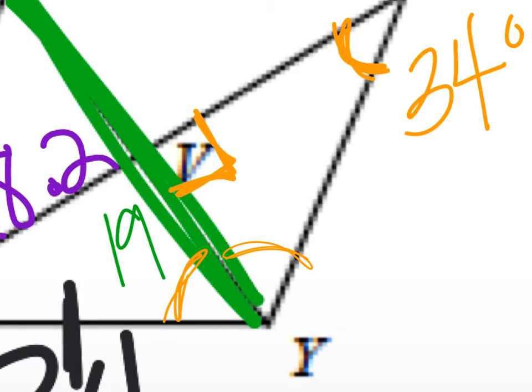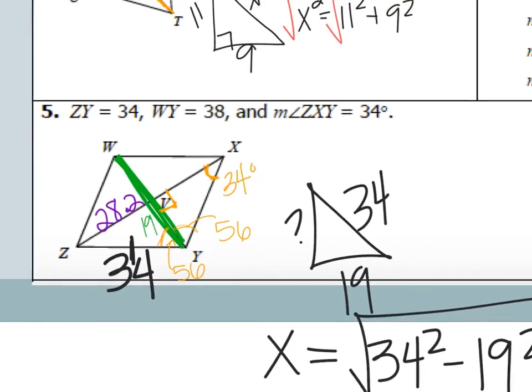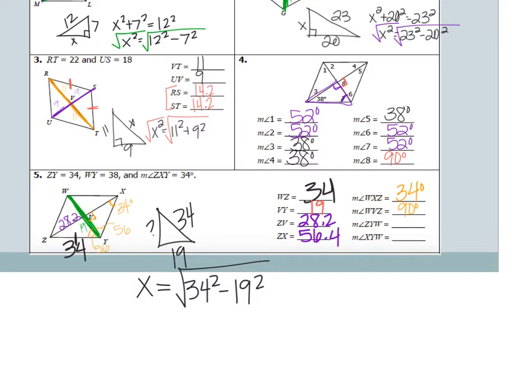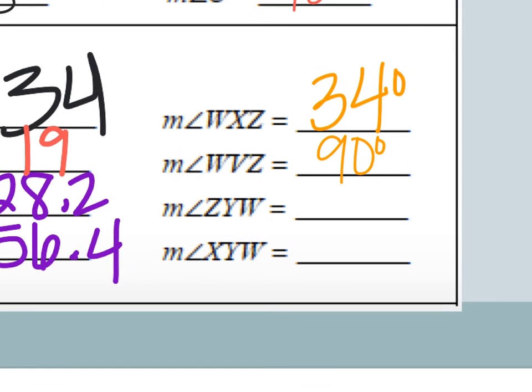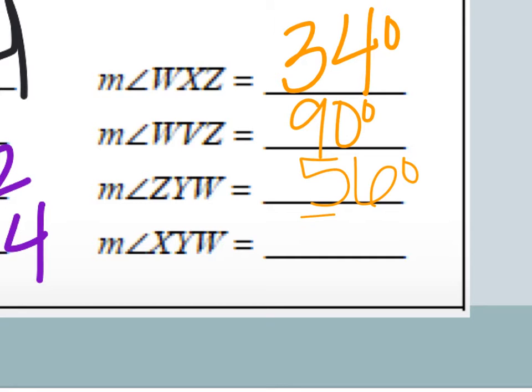So if this angle right here is 56, that angle right there is also 56. So ZYW is 56. XYW is also 56.